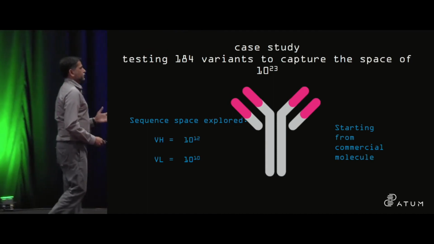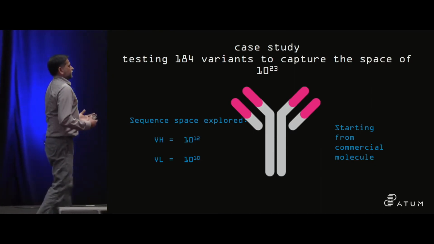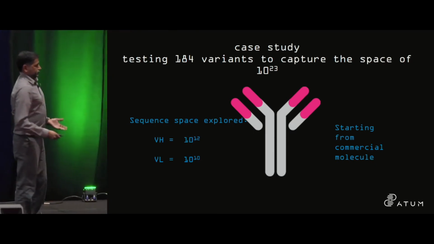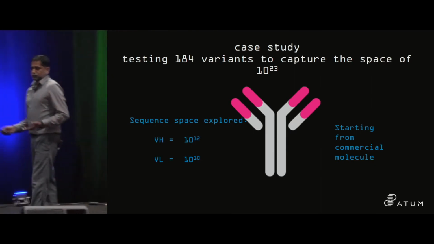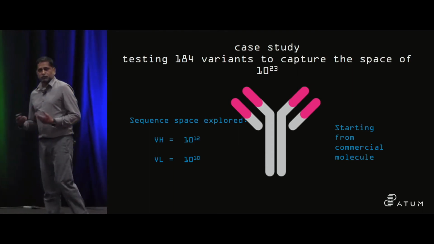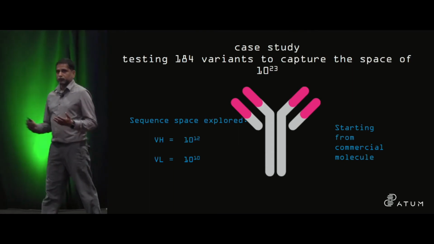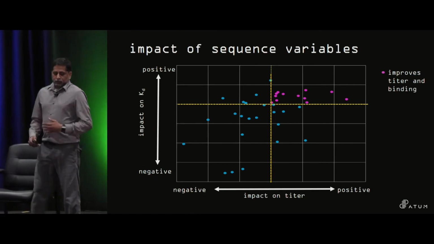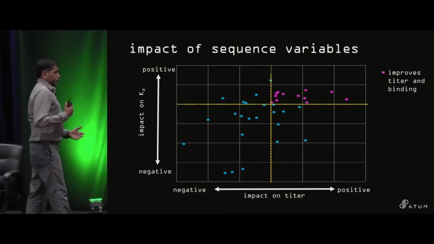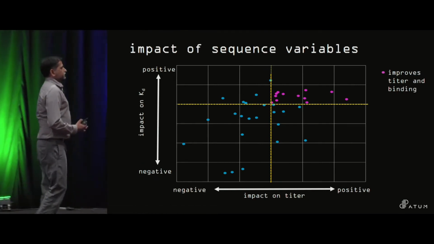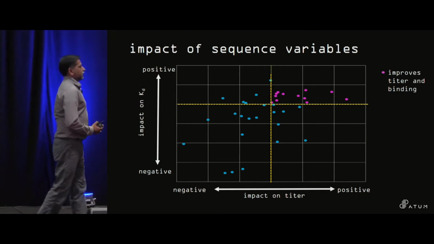to one of the commercial antibodies we took. We explored a very large sequence space here. We have a heavy chain that was 10 to the 12, light chain 10 to the 10. We are able to combine them, total space of about 10 to the 23. So we did that, and then we designed them, built the genes, and tested them on various different properties.